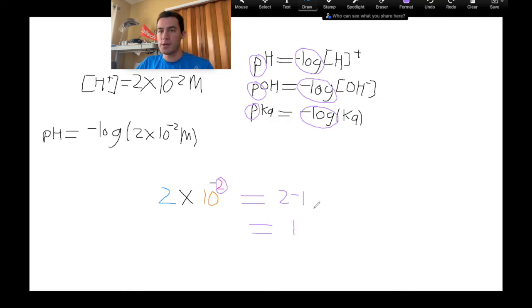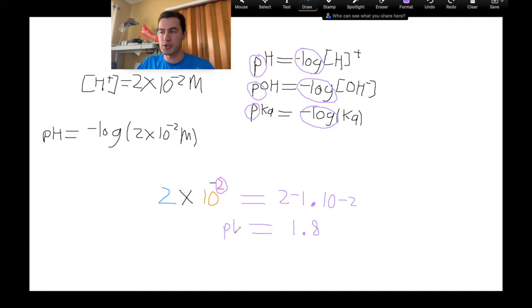Now, once we get that number, we're going to put a decimal after it, so a decimal goes right after the 1. Now, what we do after that is we take the 10 and subtract 2. So 10 minus 2 gives us 8. So our pH should roughly equal 1.8.